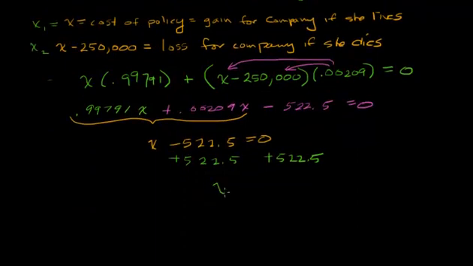And we get x is equal to 522.5. So in the first part of the problem, they were charging $620, and the expected value for the insurance company was $97.50. And the question was, well, what if their expected value is 0? How much should they charge? And they would charge $522.50.